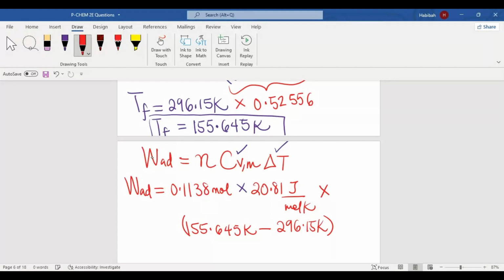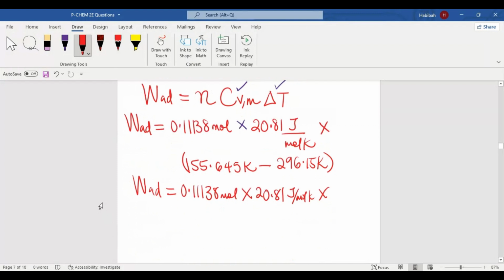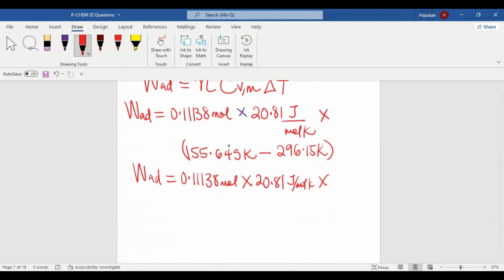So the adiabatic work done is now going to be 0.1138 mole times, I'm rewriting it, 20.81 joule per mole Kelvin times 155.645 minus 296.15 Kelvin, which is the same thing as negative 140.505 kelvins.